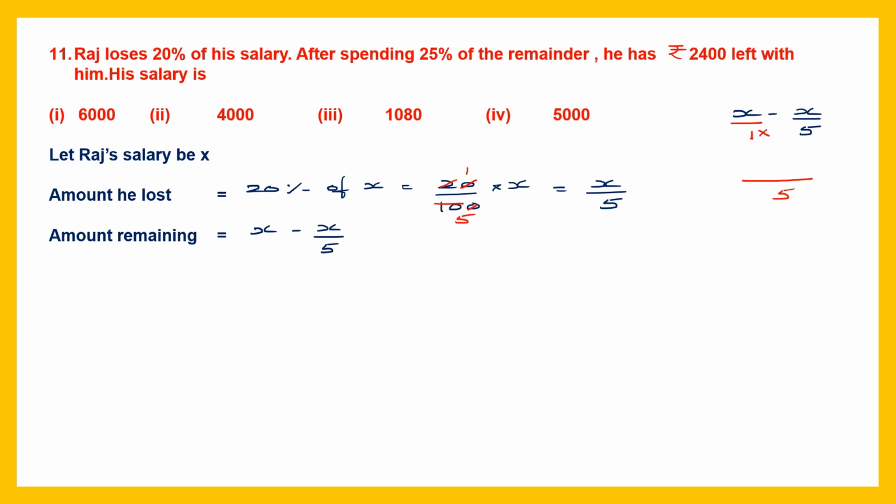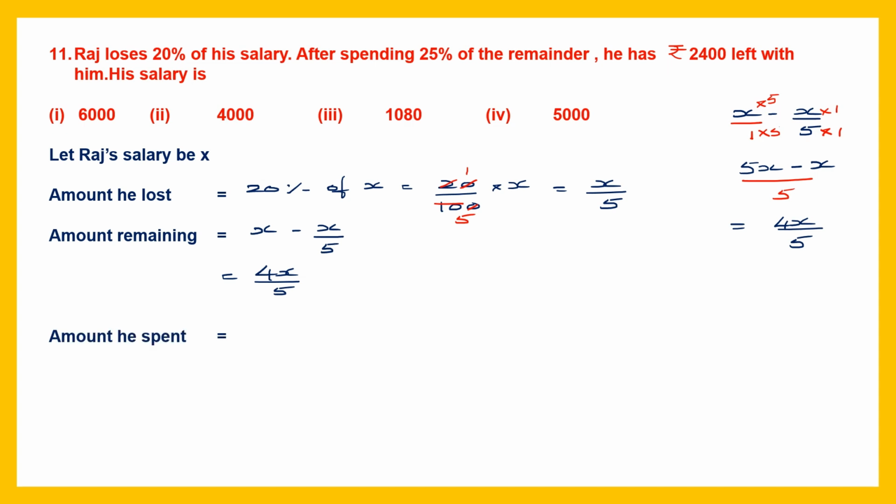So x into 5 is 5x, and here it is 5 into 1, isn't it? So x into 1 is x. 5x minus x. So what is that equal to? 5x minus x is 4x. 4x by 5. So this is the amount remaining, 4x by 5.